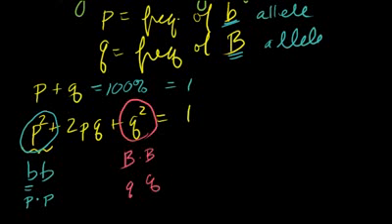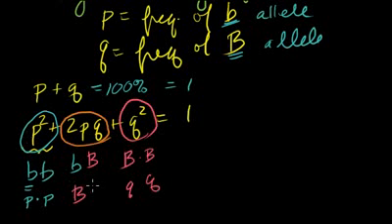Now what's 2PQ? Well, that's the frequency that I'm a hybrid, a heterozygous genotype. There are two ways I can be a heterozygote. I could get blue eyes from one parent and brown eyes from the other, or I could get brown eyes from the first parent and blue eyes from the second.